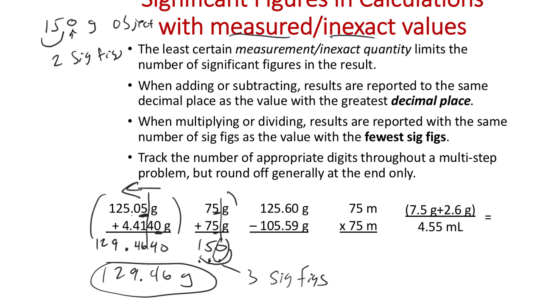Now, how could you know in a problem that the 0 was significant? Sometimes you might see the 150 written this way where we put the decimal point after. So sometimes you'll see that to imply that all 3 digits are significant. But the best way would be if the problem wrote it in scientific notation. So if you use scientific notation, you can say 1.50 times 10 to the 2 grams if you want to imply 3 sig figs.